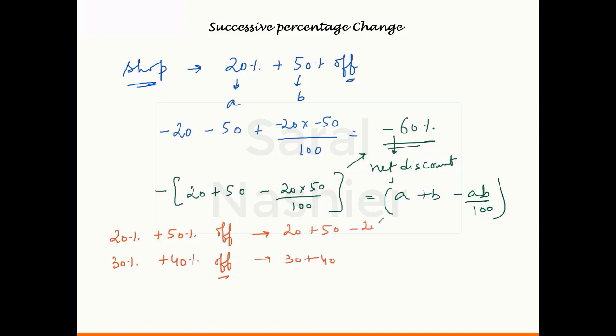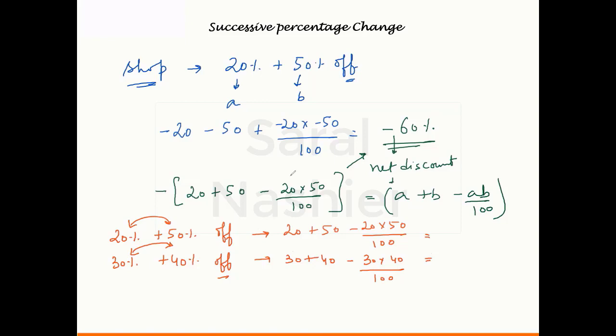So the discount in the first case is given by 20 plus 50 minus 20 into 50 by 100, and 30 plus 40 minus 30 into 40 by 100. So what is the net discount? That actually depends upon the product of the numbers, because their sum is the same. It's a concept of algebra.